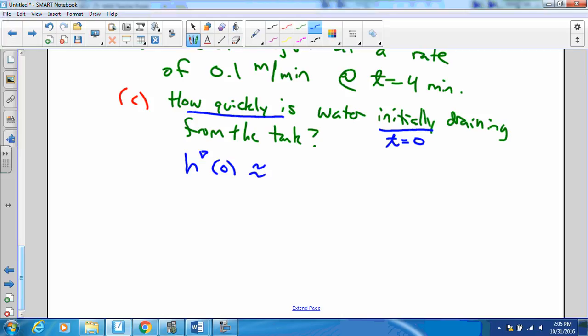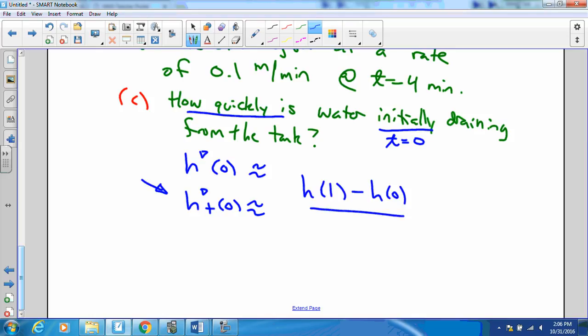Now when I do, I have a choice of ways to label this. Either I can label this as h prime of 0, or more specifically, I could label it as h prime from the right at 0. I prefer this labeling because it is more precise in terms of what I'm doing. But it is also the case that the analysts at the endpoints of domains will take the derivative to be the derivative from the appropriate side.